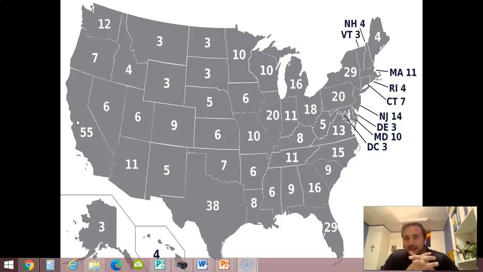Can anybody find the state with the second most people in our country? There it is, Texas with 38. So again, if you want to look it up, they have 36 representatives that get voted on in the state of Texas and represent their state in Washington. And then they get 2 senators. 36 plus 2 equals 38.